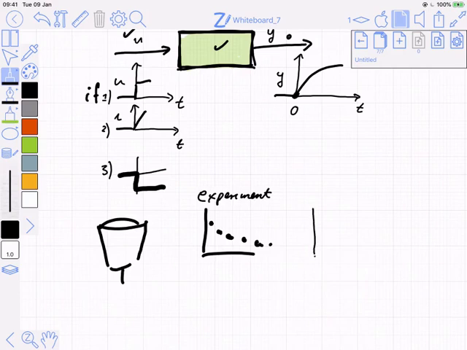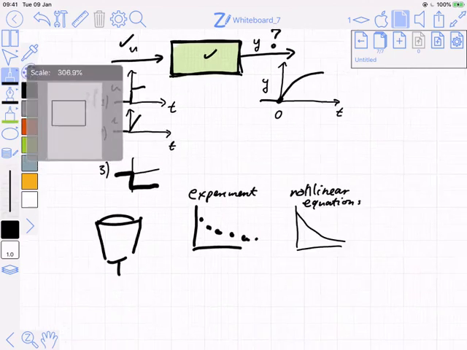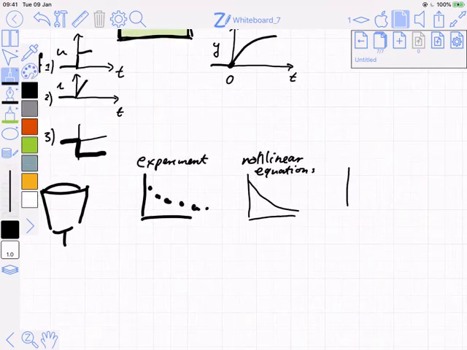And then we wrote down a set of nonlinear equations, and lately we've been using linear differential equations to solve similar problems.